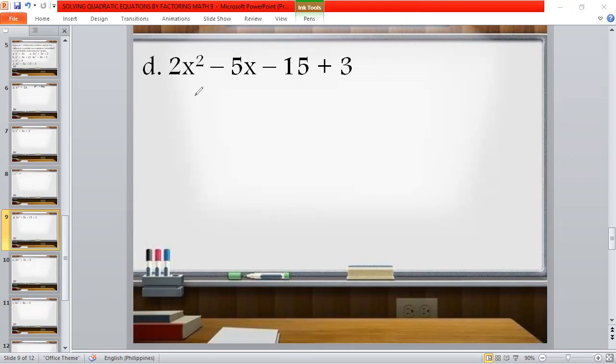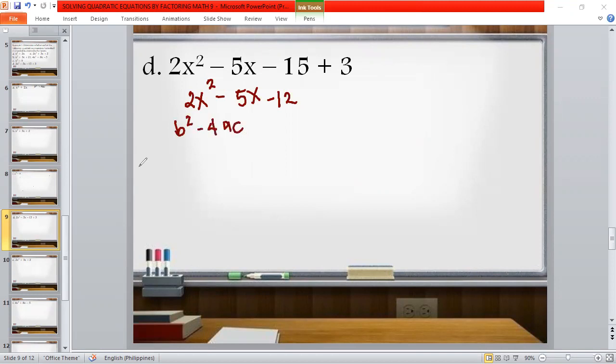Okay, so we need to write it as 2x squared minus 5x, negative 15 plus 3 is negative 12. So this is now the expression that we need to get the factor of. Now let's find out if the discriminant is a perfect square or not by using b squared minus 4ac.